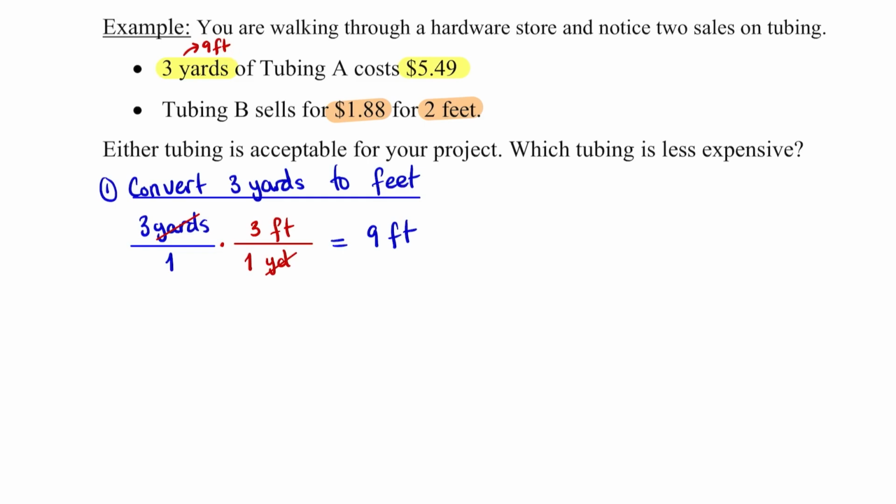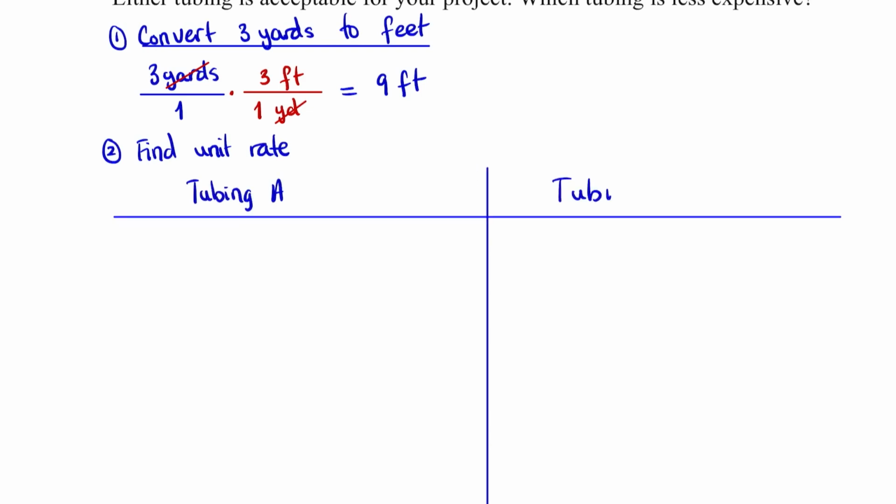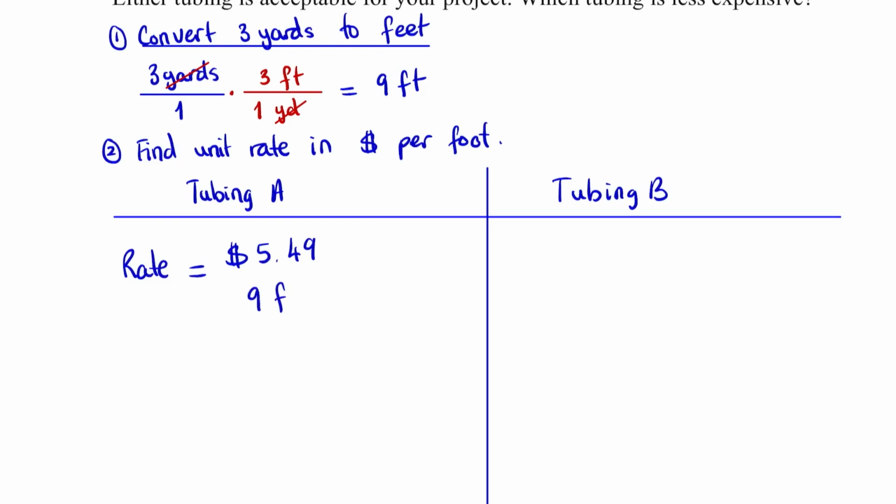In other words, with $5.49, I can buy 9 feet of tubing A. And with $1.88, I can buy 2 feet of tubing B. And I want to know which one is cheaper. In order to do that, I need to have the unit rate. So next, I am going to find the unit rate in dollars per foot for both tubing A and tubing B. So the rate for tubing A is $5.49 for 9 feet.